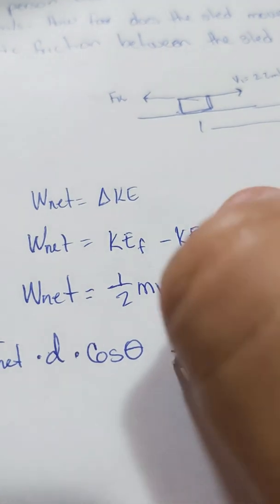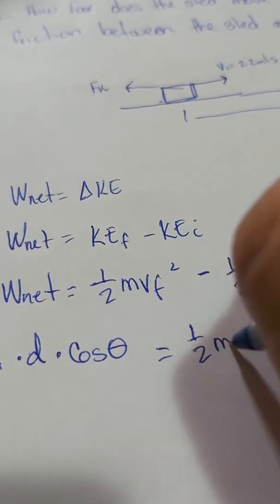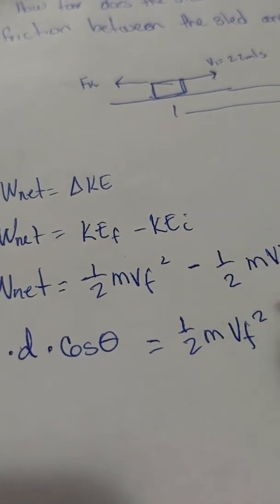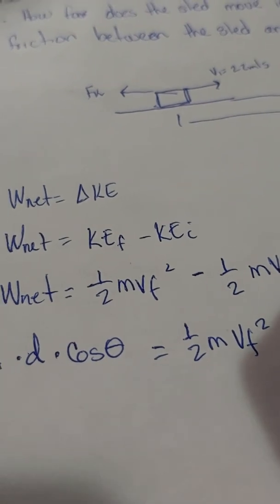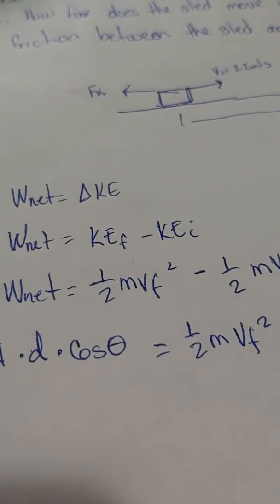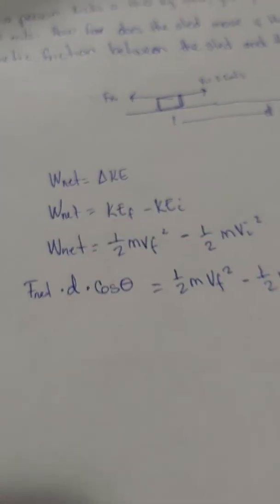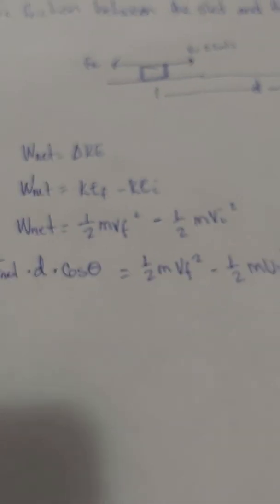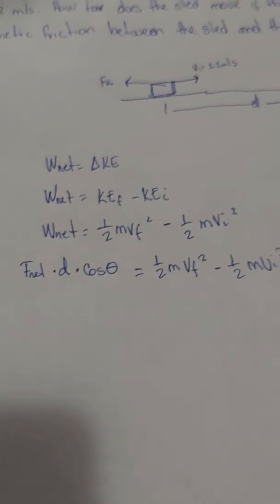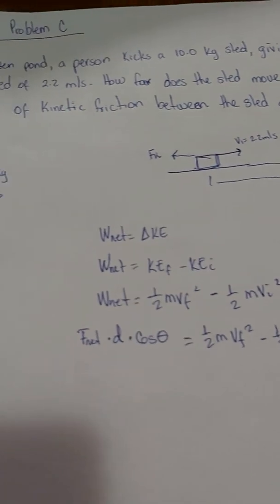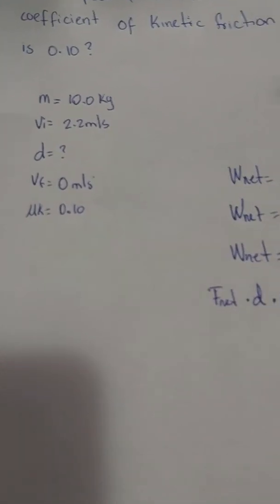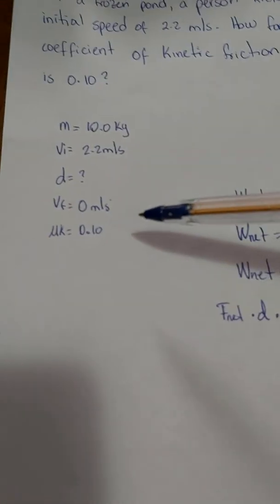Equals 1/2 mass final velocity squared minus 1/2 mass initial velocity squared. Now, in the given information, we found out that the final velocity was equal to 0.